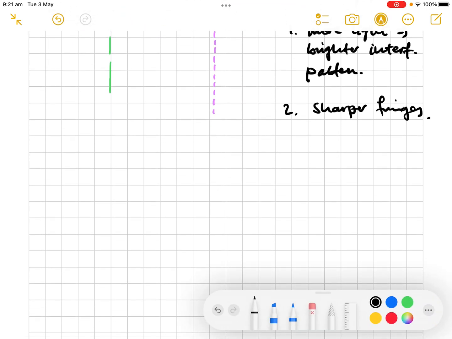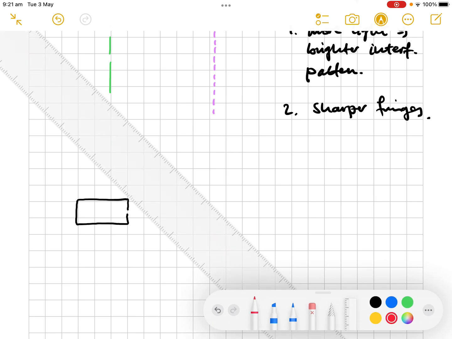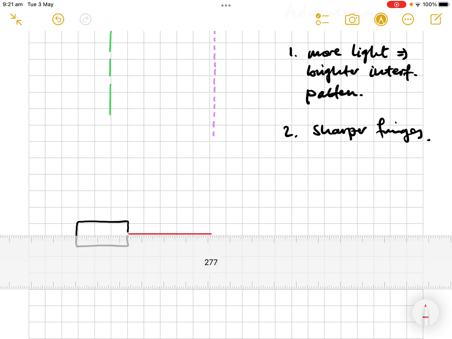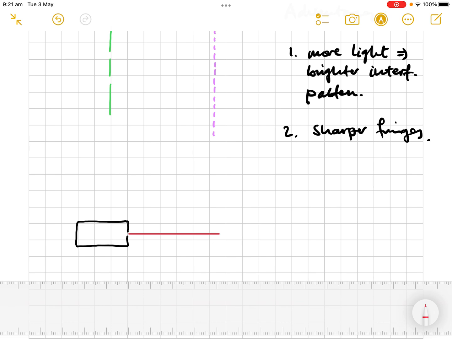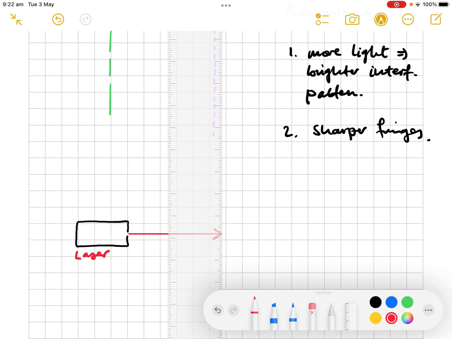So a typical setup then would be that you would use a laser to produce a monochromatic beam of light, like so. And the monochromatic beam of light would hit the grating.